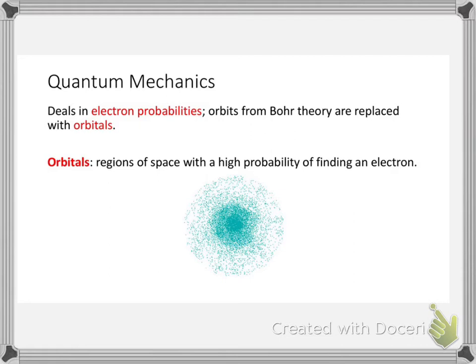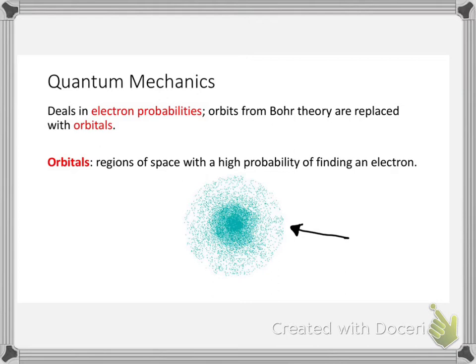Okay, so quantum mechanics, like I mentioned multiple times, deals with probabilities. The equations determine the highest probability regions for electrons to be found, and they call those high probability regions orbitals. Bohr's model had orbits; quantum mechanics has orbitals. Here is an illustration, and it starts to look like the cloud.